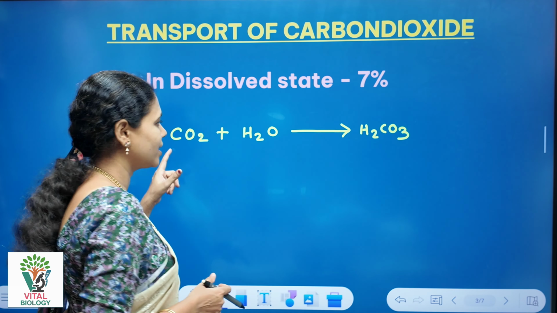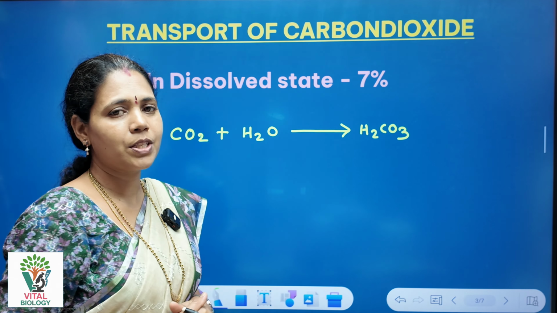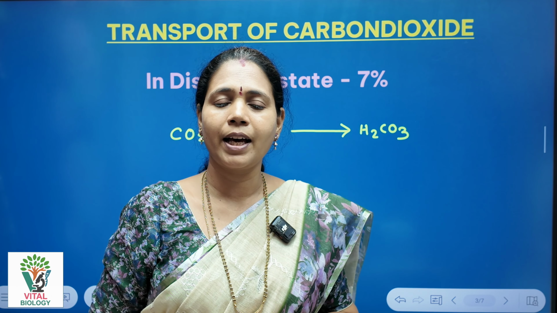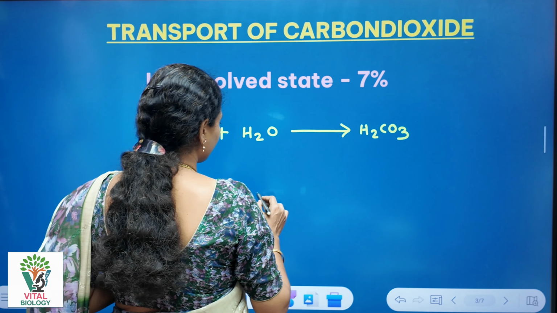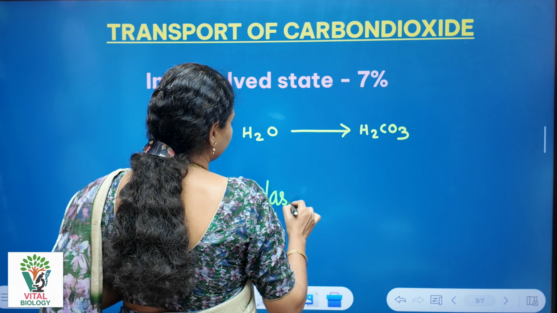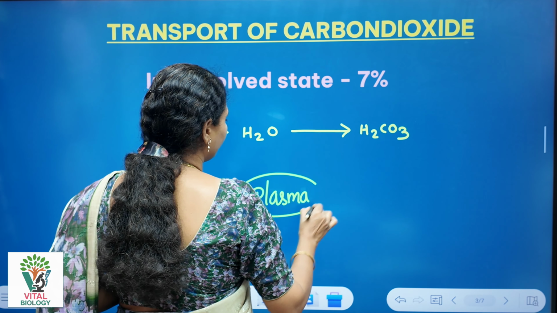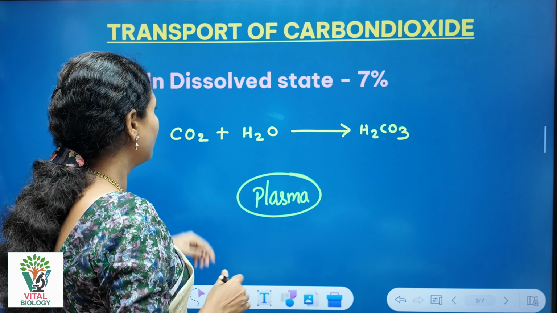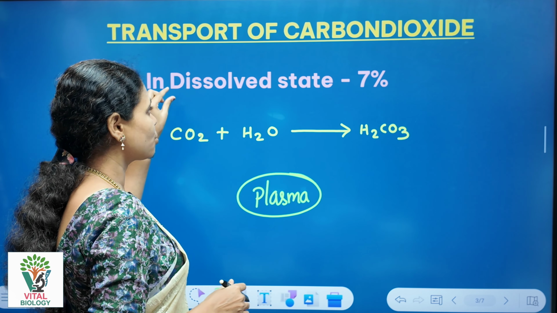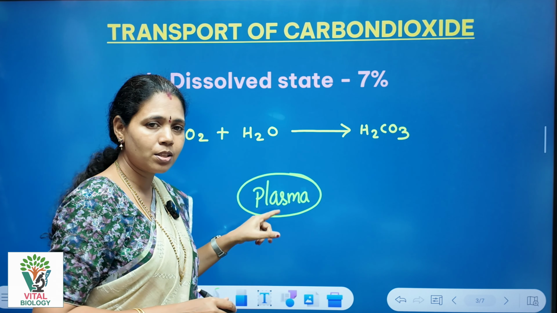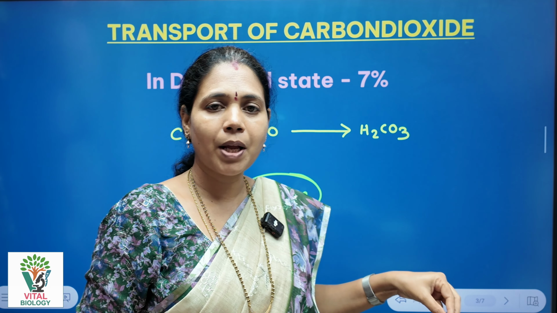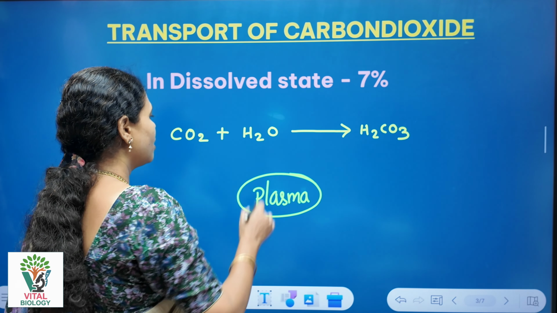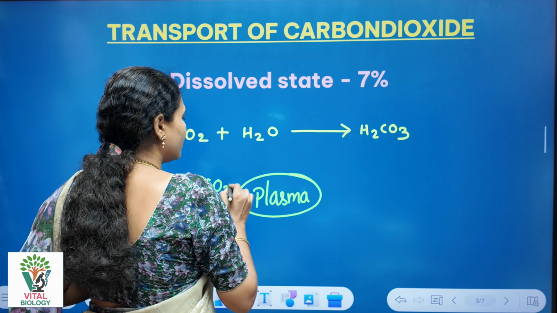So here you can see that, as we have discussed previously, in our blood we have a fluid part, and that fluid part is nothing but the plasma. The fluid part of the blood is called the plasma. So as it has to dissolve, yes, it dissolves in the fluid part of the blood, that is the plasma. So in this plasma, 7% of the carbon dioxide dissolves.